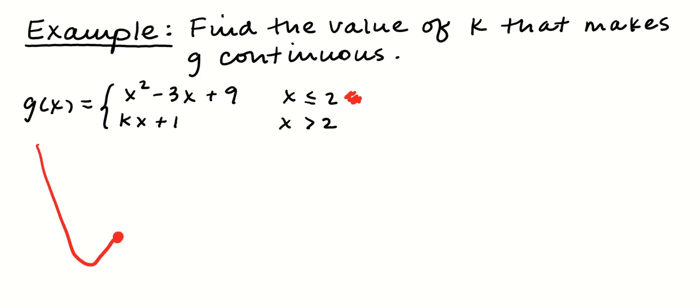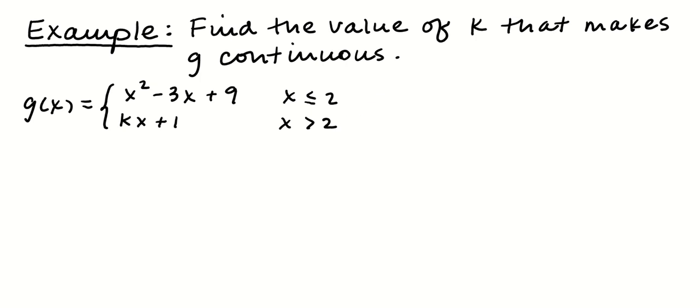It does have the filled-in circle because x is less than or equal to 2. Over here, where x is greater than 2, it's some kind of line with some undetermined slope. And now we're not going to be doing a vertical translation, but we are working to solve for the value of k so that these things can meet up and we have ourselves a continuous function.